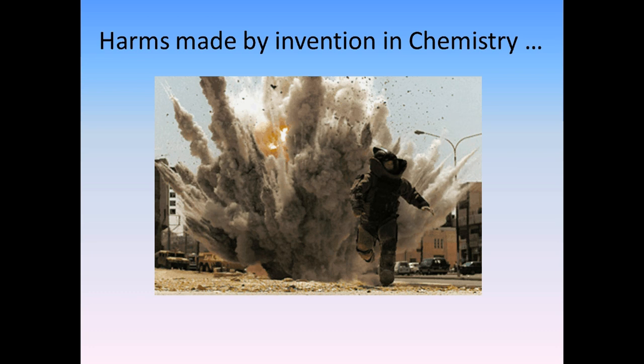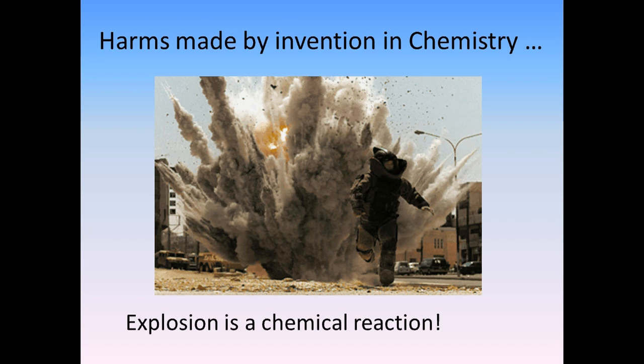But chemistry has some drawbacks. You can say drawbacks, or that chemistry can do harm. For example, explosives are chemicals. If they explode, they would be very dangerous, and a lot of people would die. But explosion is not always bad.